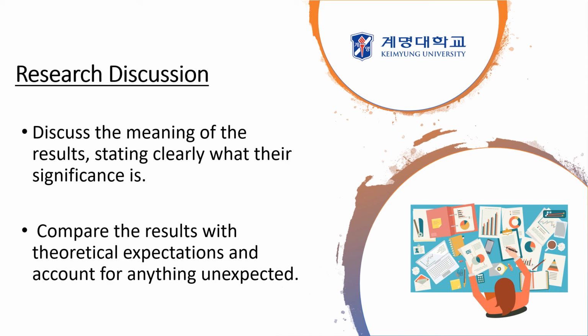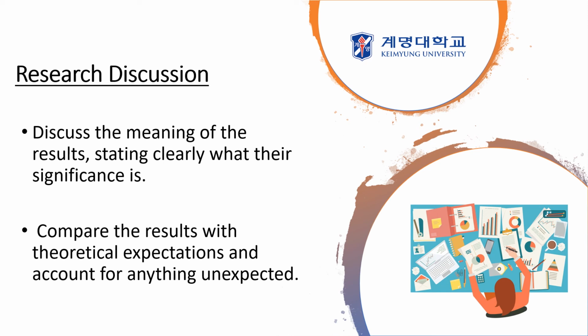Every result is followed by a discussion. So if there is a graph, there should be an explanation, and the discussion discusses the meaning of the result, stating clearly what its significance is. So the pattern of the result and discussion is table, interpretation, implication. That is the normal pattern of the research result and discussion.